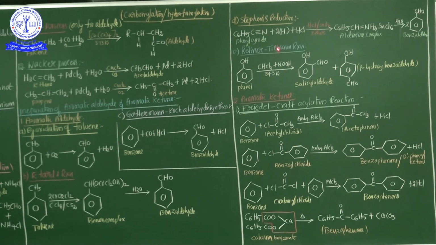This is another preparation method for aromatic aldehyde. The named reactions, again I will say named reactions are most important. Already here three named reactions have come: Etard reaction, Gattermann-Koch reaction, and one more, the Stephen reaction, especially in the preparation method of aromatic aldehyde.